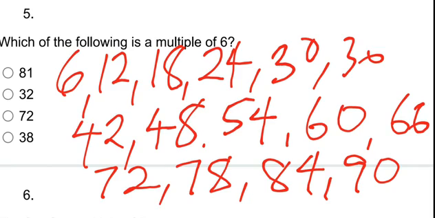So, which of the following is a multiple of 6? 32 is not here, 81 is not here, 38 is not here. So the answer is 72, which is this one, as we can see.